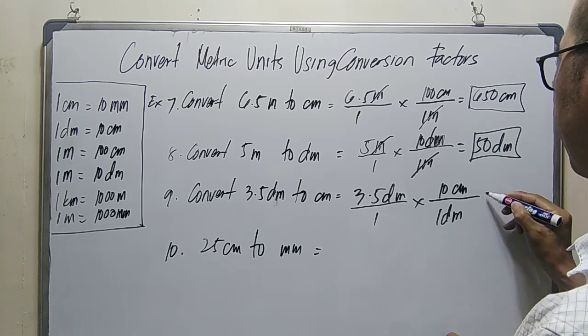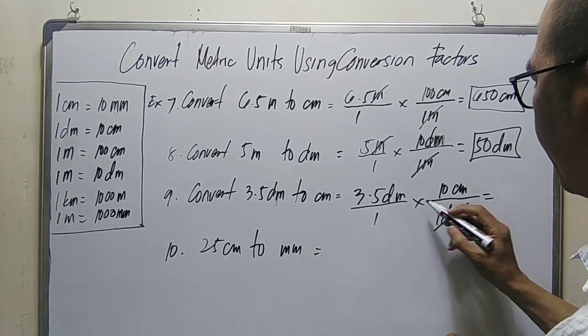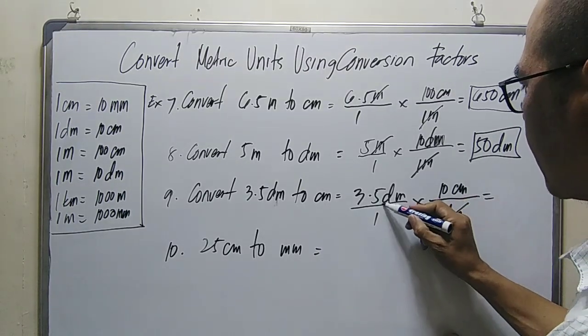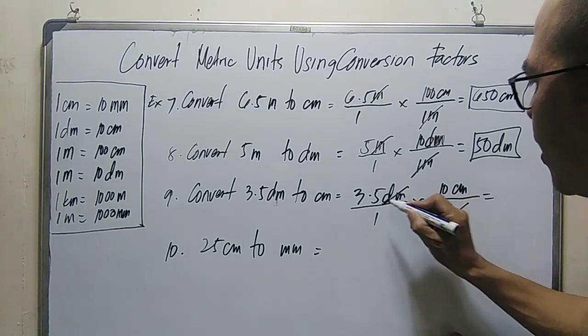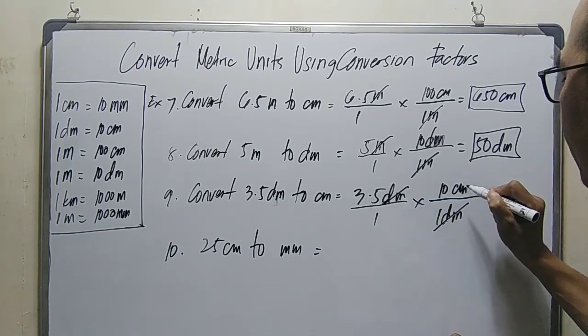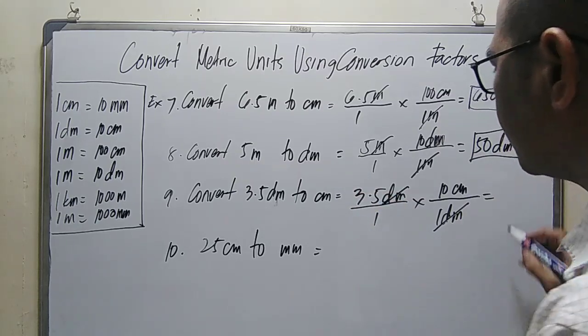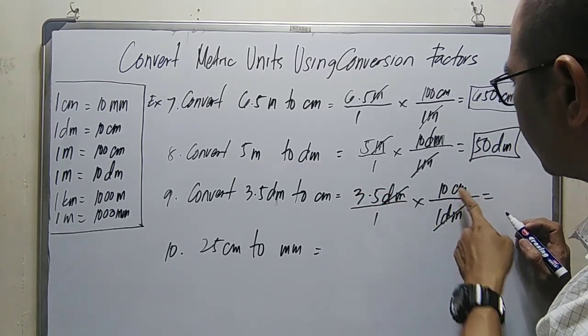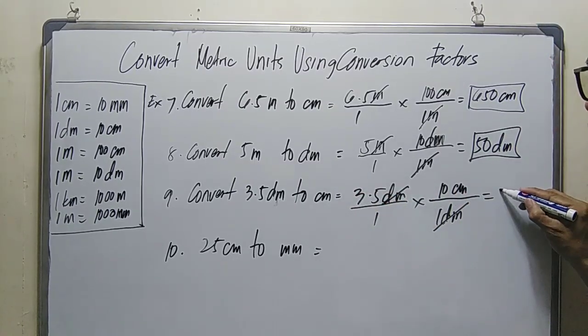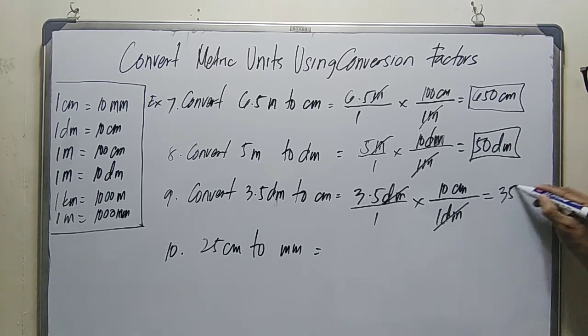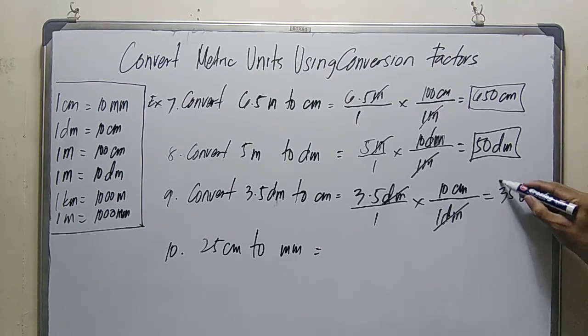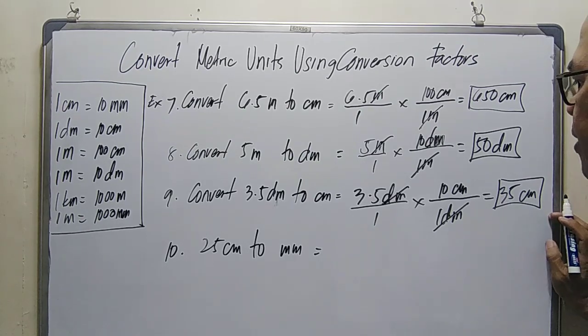Cancel natin si dm saka si dm. Yan. So, naiwan, 3.5 at saka 10 centimeters. Multiply natin yan dalawa. 3.5 times 10 centimeters, that is 35 centimeters. That is your final answer.